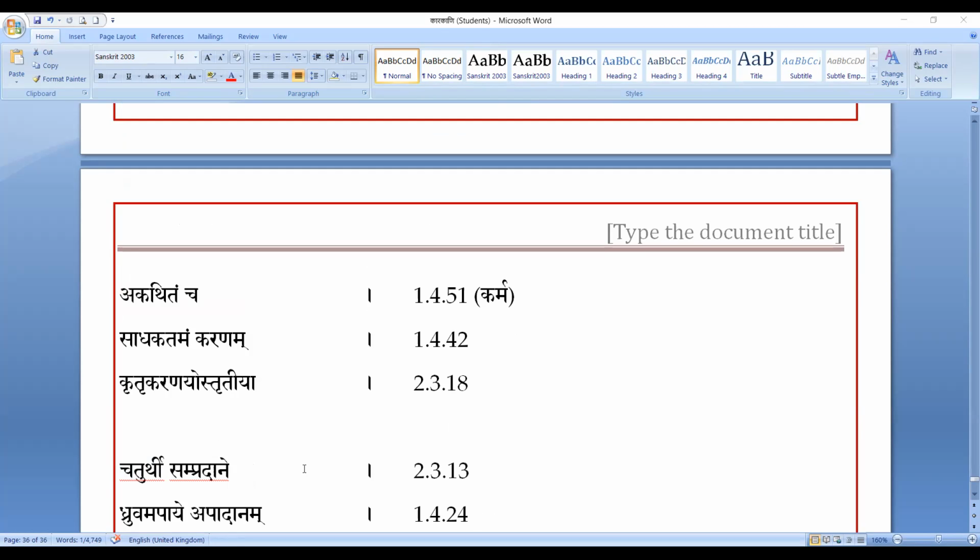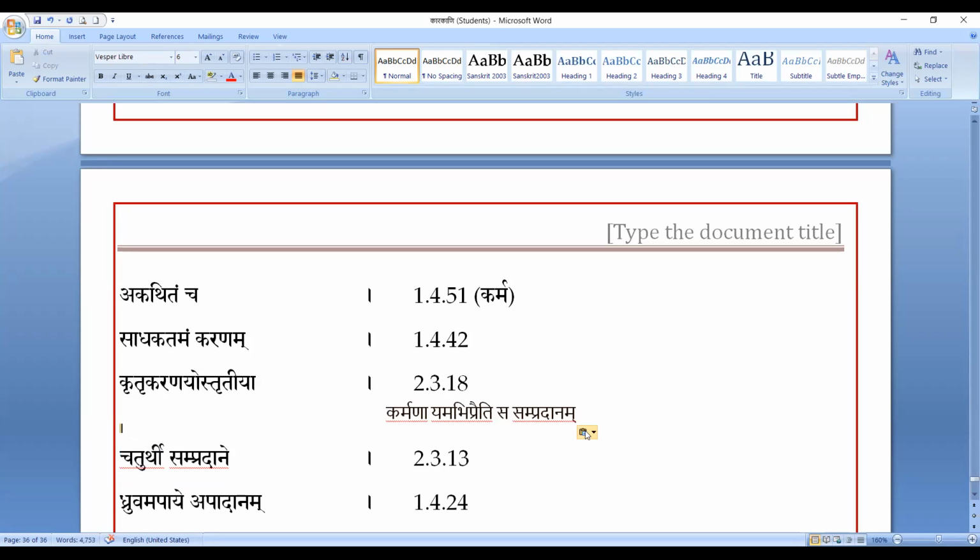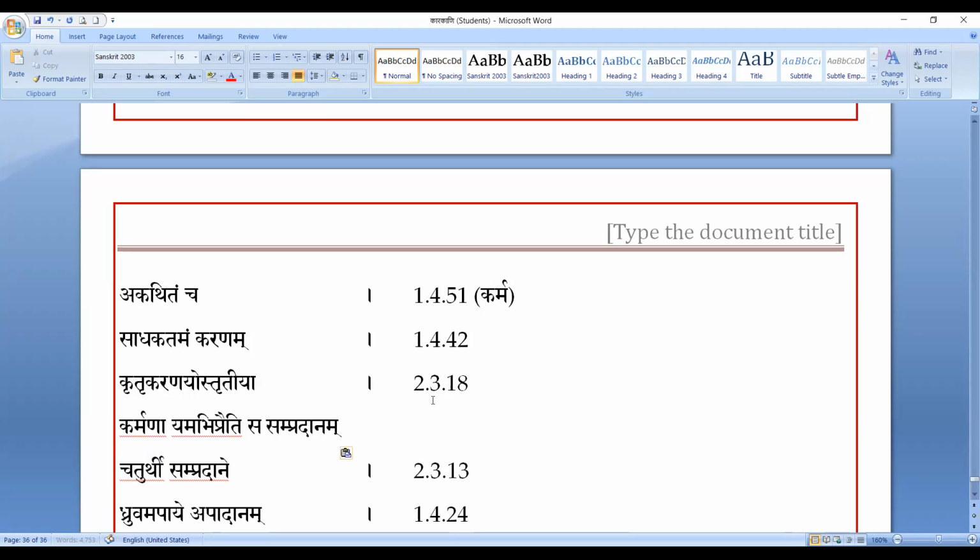What Vibhakti would it be? Chaturthi Vibhakti. What is Sampradanam? Karmana yam abhipraiti saha Sampradanam. That is the definition of the Karaka. Where would it be?